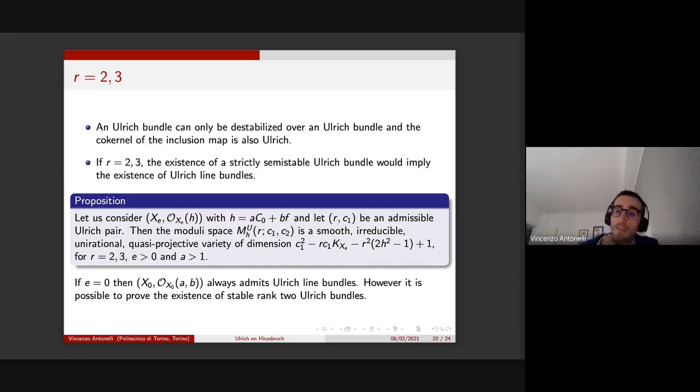So you need some other strategies, and one of them is to construct rank 2 Ulrich bundles using the Cayley-Bacharach construction, the relation between codimension 2 subschemes and vector bundles over surfaces. Using that correspondence, you're able to construct stable rank 2 Ulrich bundles. And there's another way to construct Ulrich bundles, but I will tell you about it in the end.